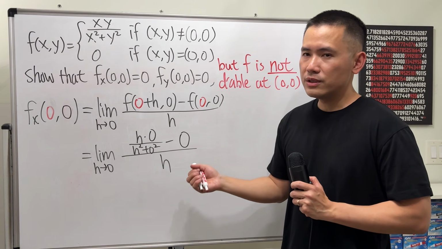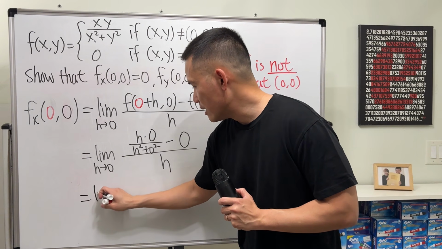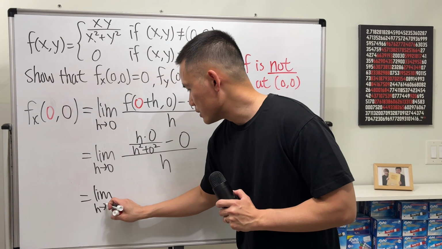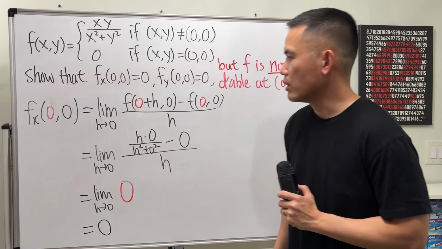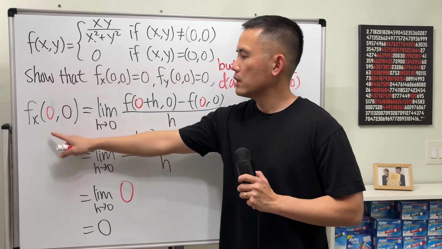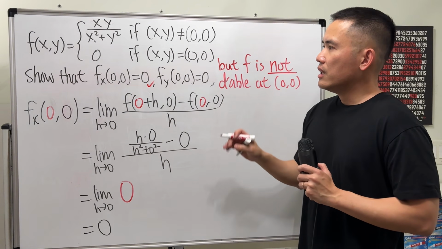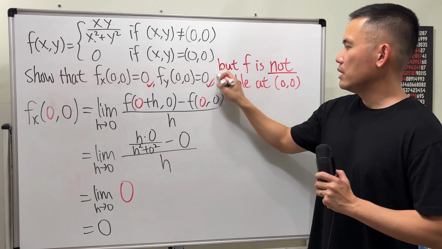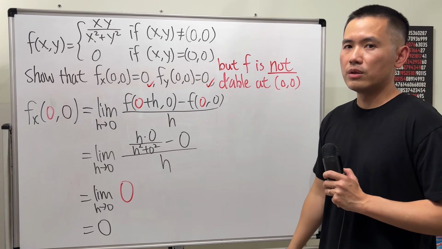Work this inside out: 0 on the top divided by h. So we get the limit as h approaches 0 of 0, and the answer is 0. So the partial derivative at the origin with respect to x is 0. So this checks. And the y is pretty much the same thing, so I will leave that to you guys. That will also give you 0.